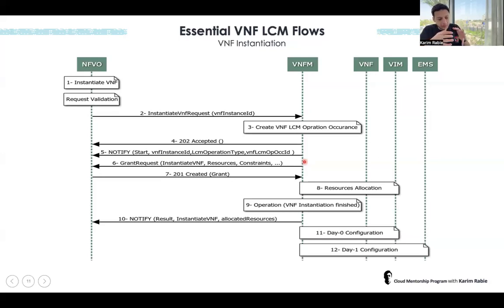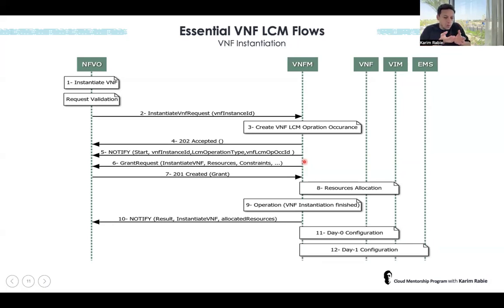It only sees whatever resources are consumed by the VNFs managed by that VNFM. For example, if that's Ericsson VNFM, so Ericsson VNFM sees his own VNFs and the resources consumed by his own VNFs. So now he wants to instantiate a new VNF. So he wants to make sure that there are resources available in the cloud or in that specific DC to cater or to host the new VNF.